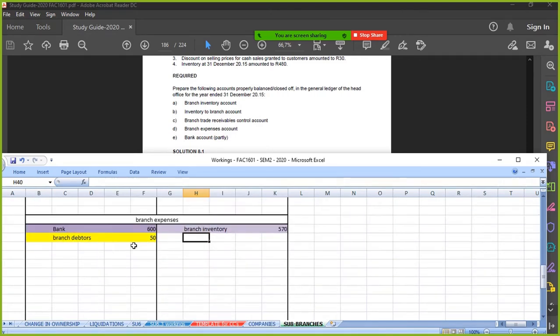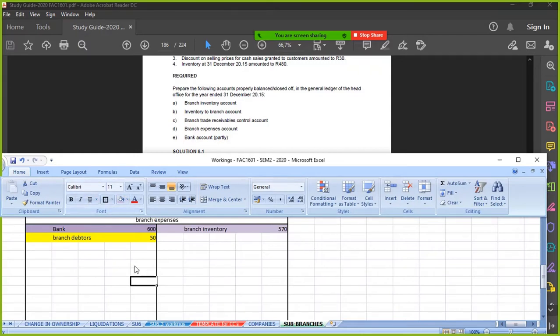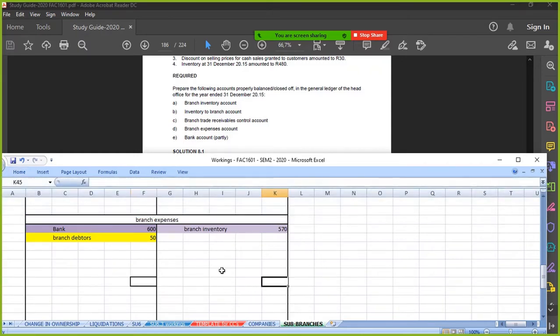Then I can balance this account off. If I'm looking at the branch expenses account, obviously there's going to be a net profit from this account, because this is like the profit and loss account. So this branch has income and expenses. Which side's bigger? This side's bigger.